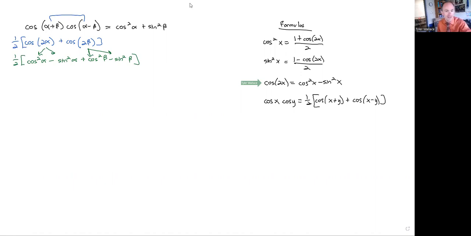From here, we've got a lot of sine squareds and cosine squareds, which we can use our power reduction formulas.